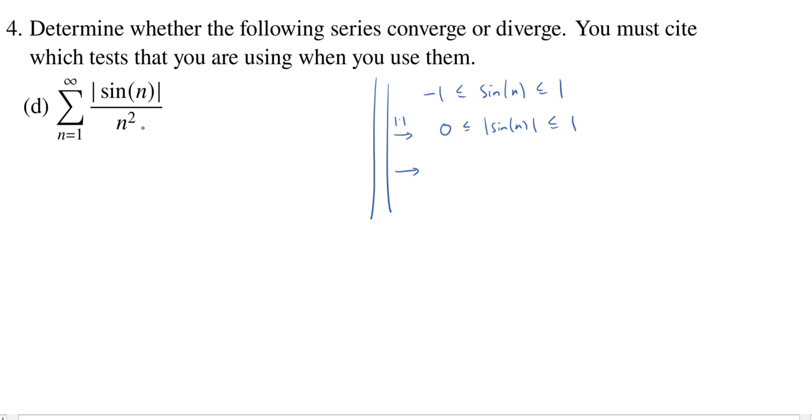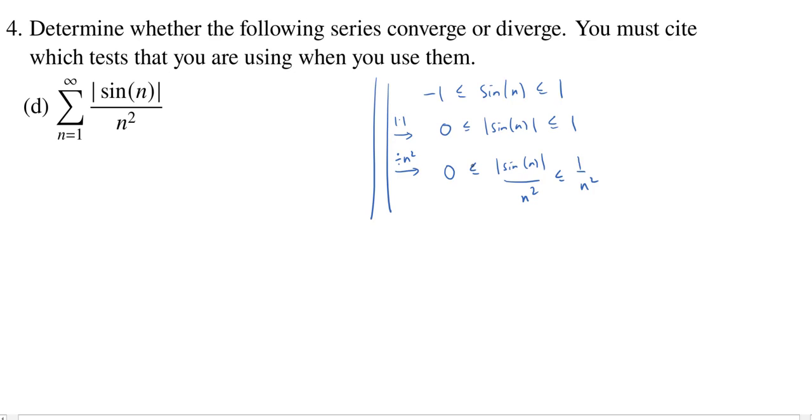And if I then divide by n squared, of course 0 divided by n squared is still 0, but now I get that the absolute value of sine of n over n squared is less than or equal to 1 over n squared. And again, everything here was positive, so in particular n squared is positive, so when I divide, I'm not going to change the inequalities.